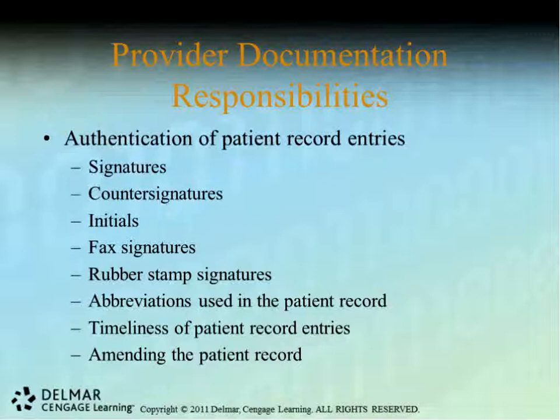The Joint Commission says that patient records need to be completed 30 days after that patient has been discharged. This is very important, and they do push this, because once 30 days has passed, if things are still missing in that record, then that record becomes delinquent.